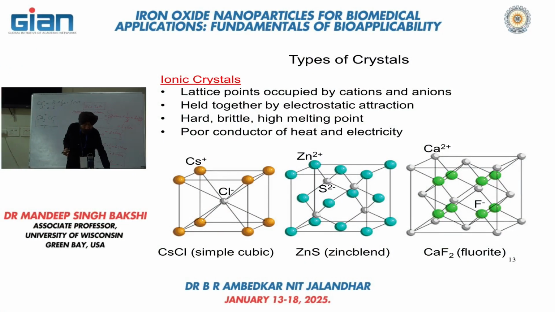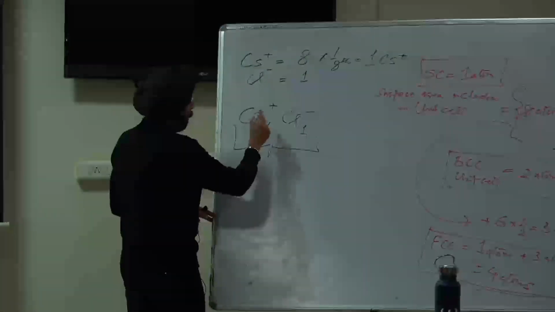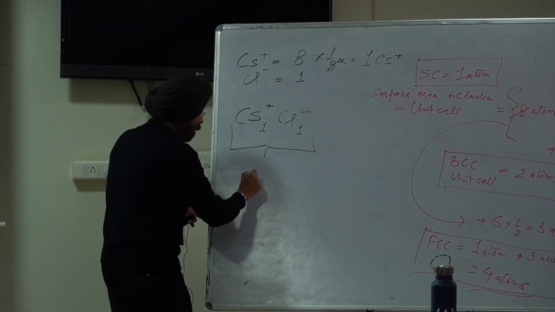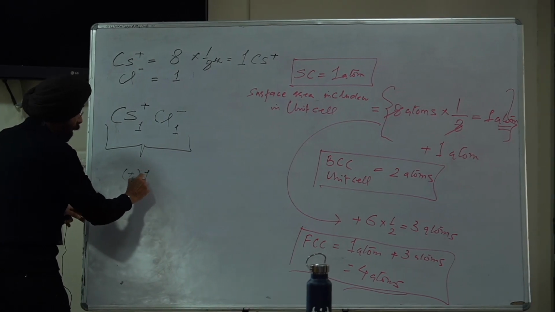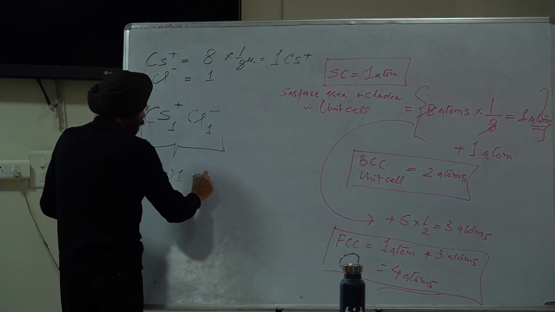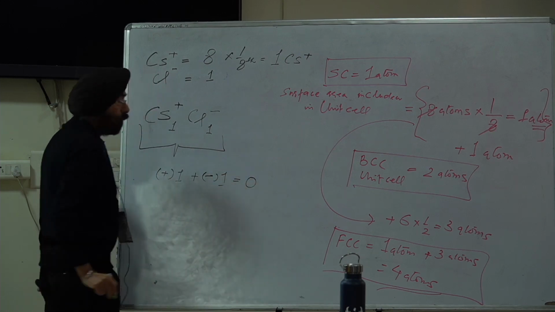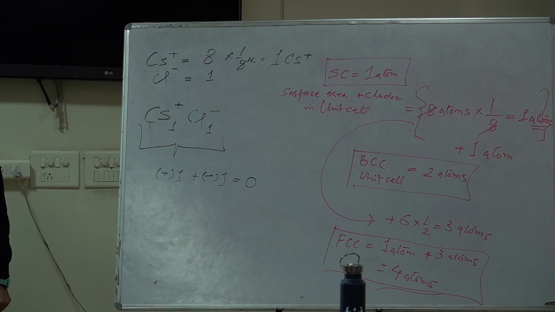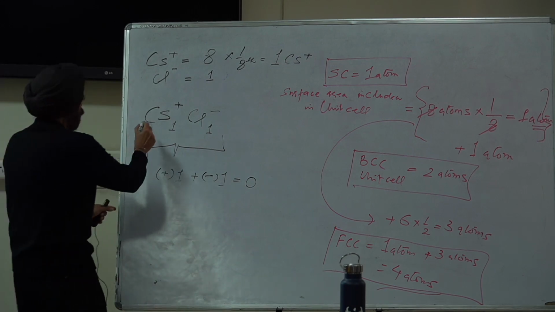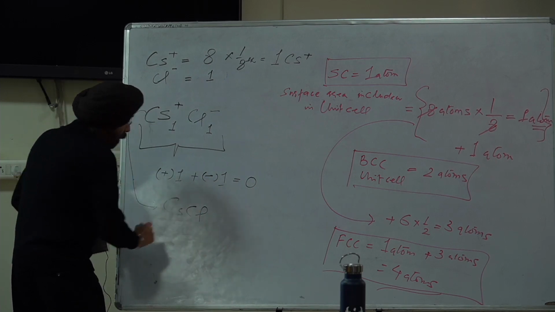It is automatically understood that there is one positive charge, and there is one negative charge, and the overall charge is 0. So electrical neutrality is established.